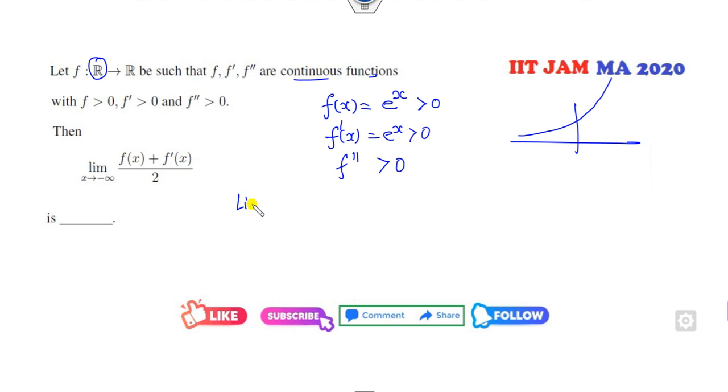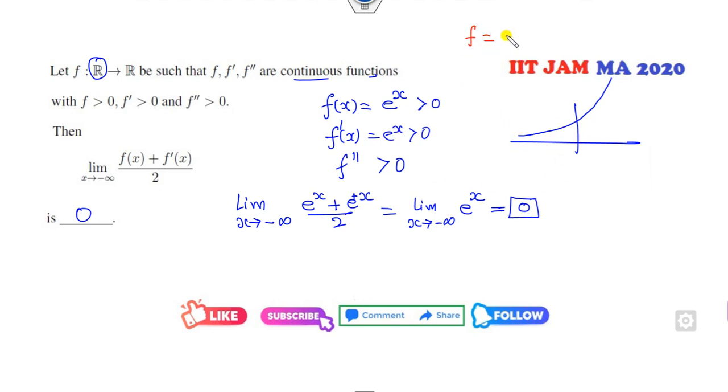So I can substitute here x approaches minus infinity. Sorry, f dash is e raised to power x. So the limit as x approaches minus infinity of e to power x will be 0, which is the right answer. That's true, because if you look at some other function, like 3 plus e raised to power x, which is also greater than 0, the derivative is also greater than 0, and so on.